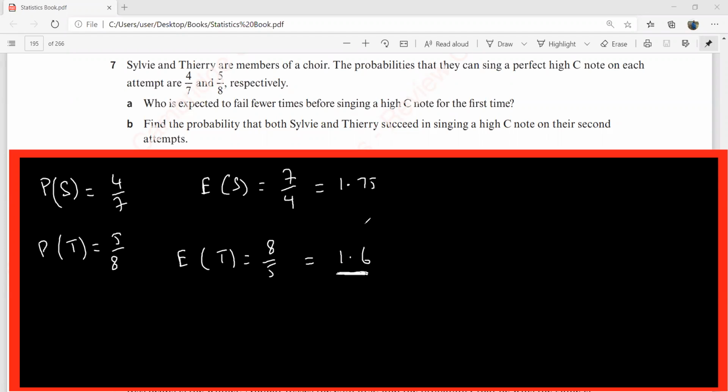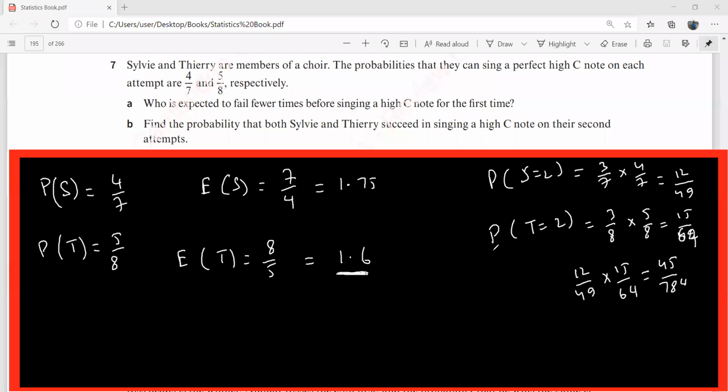It says find the probability that both Sylvie and Theory succeed in singing a high C note on their second attempt. So this means you have to find probability S equal to 2 and probability T equal to 2. Let me complete this.